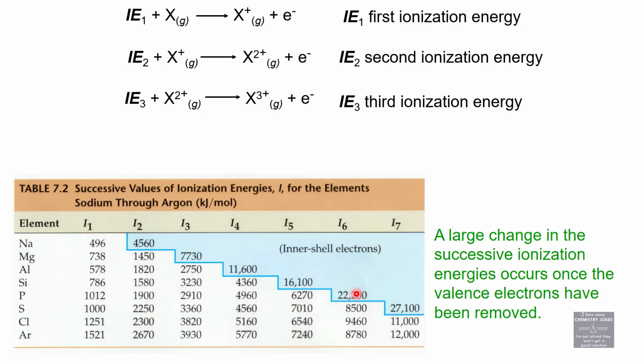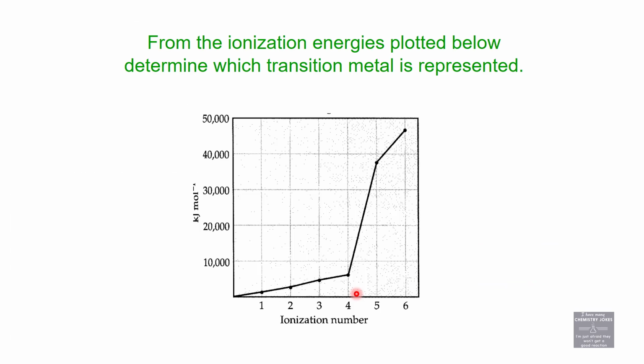A large change in successive ionization energies occurs once the valence electrons have been removed. So sometimes we may see a plot like this, where this is ionization energies and ionization numbers. So there are 4 electrons that are relatively easy to remove, under 10,000 kilojoules per mole, and all of a sudden, boom, the 5th electron takes 40,000 kilojoules per mole to remove.